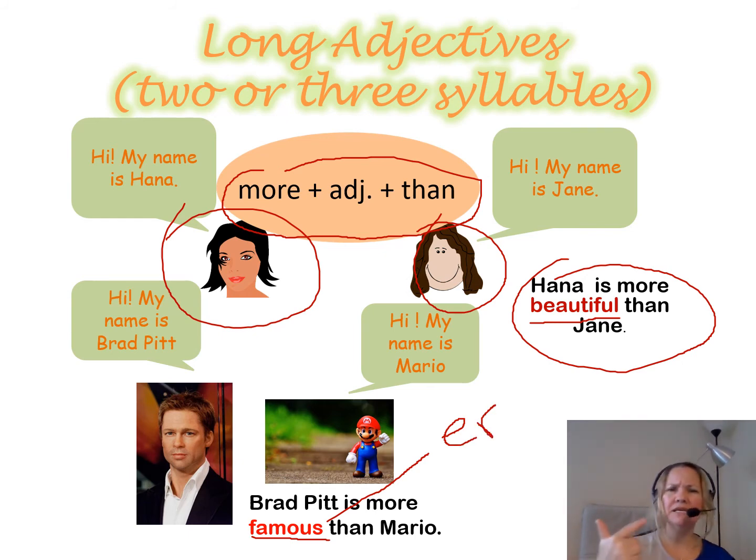Brad Pitt is famouser than Mario. That's wrong. Can you think of why it's wrong? Yes, because it has 2 syllables. With 2 or 3 syllables, we have to use more to compare two objects or two people.